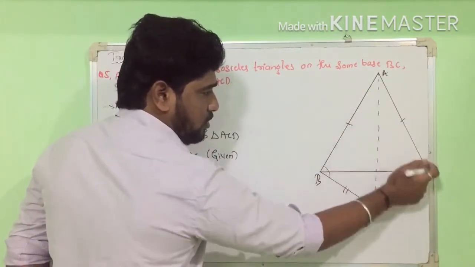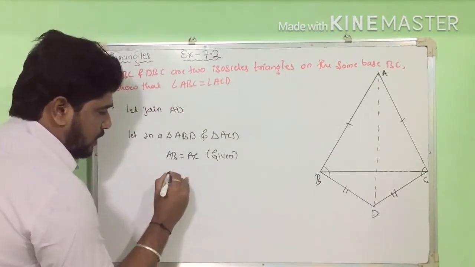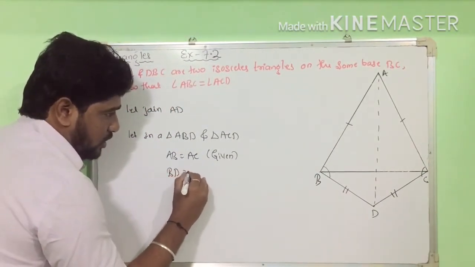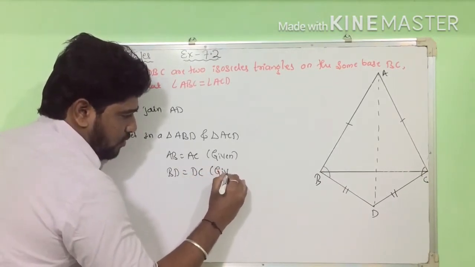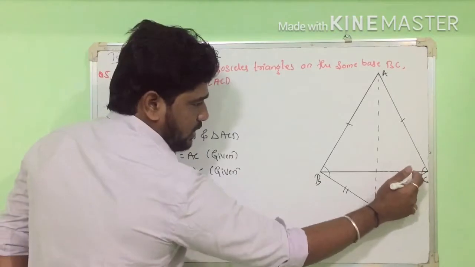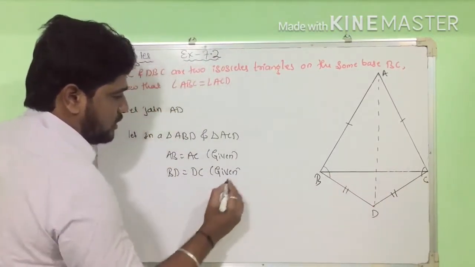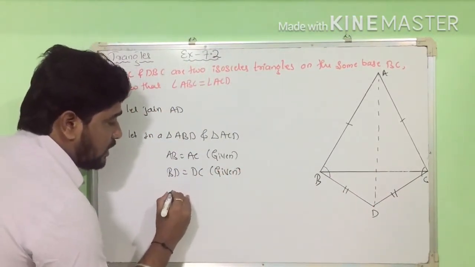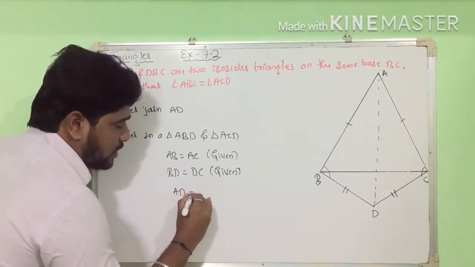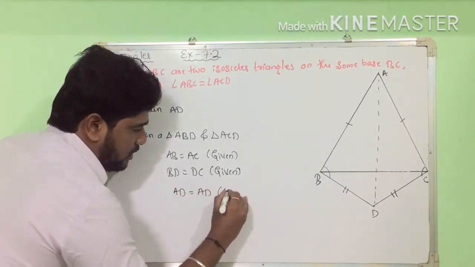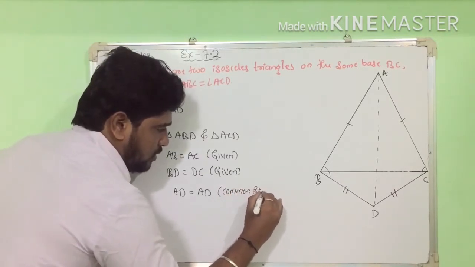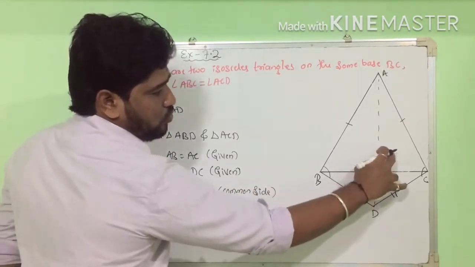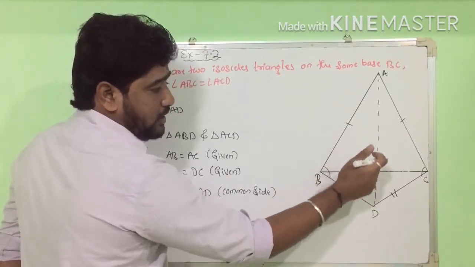And another one, BD is equal to DC, it is also given, it is an isosceles triangle, right? And now AD is equal to AD, common side. So in these two triangles, the corresponding three sides are equal.